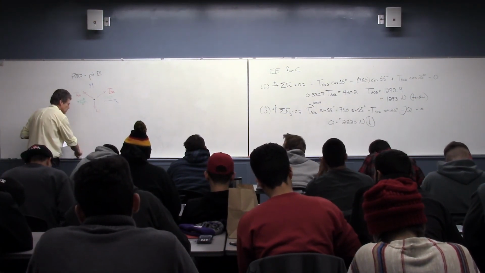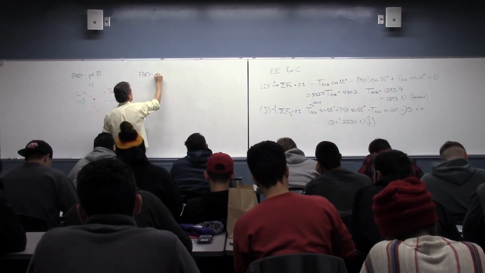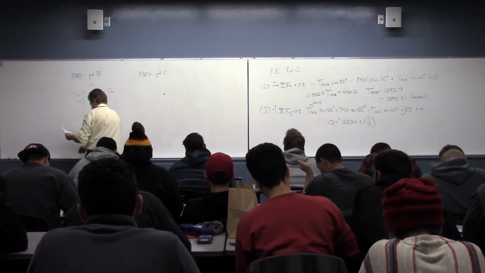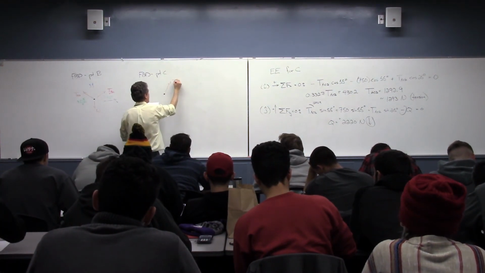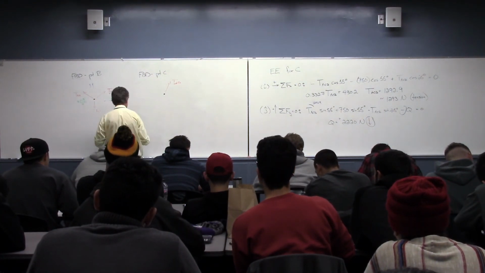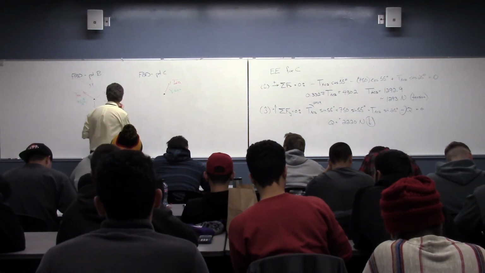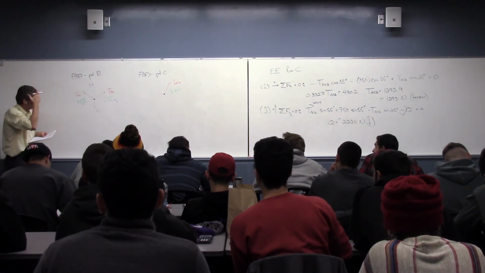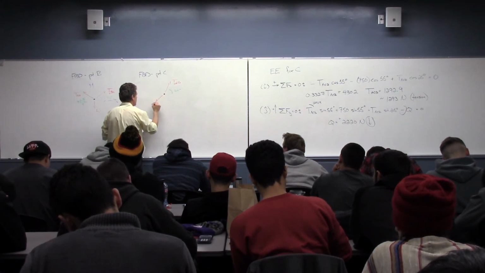So what we're going to do is draw a free body diagram of point C, and that's at 60 degrees. Now the key thing is to note that TBC, the cable between B and C, is going to be the same thing. So again, there's our Newton's third law showing up.